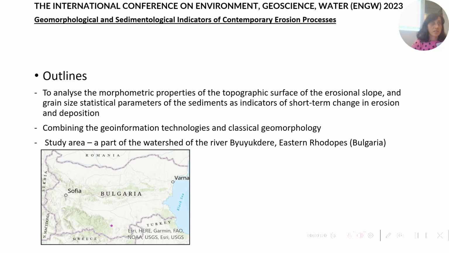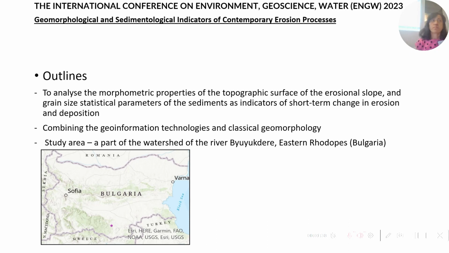The emphasis of the research is the integrated application of geoinformation technologies and classical geomorphology. And in this study, classical geomorphology is highly supported by geoinformation technologies.